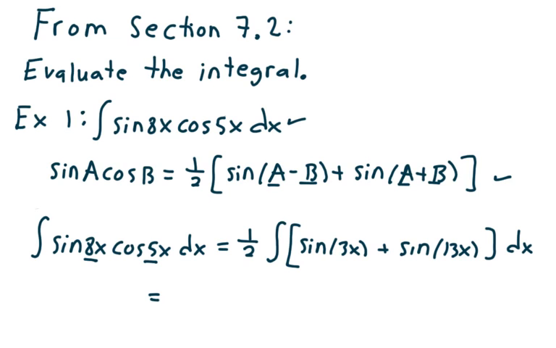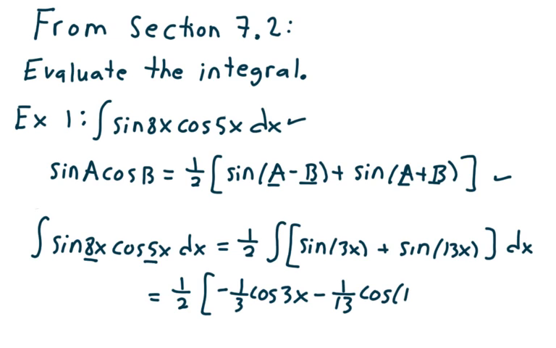And so here I'm going to take 1/2 of the integral of sine 3x dx, which is negative 1/3 cosine 3x. The integral of sine 13x dx is minus 1/13 cosine of 13x. And then I'm just going to add my constant of integration.